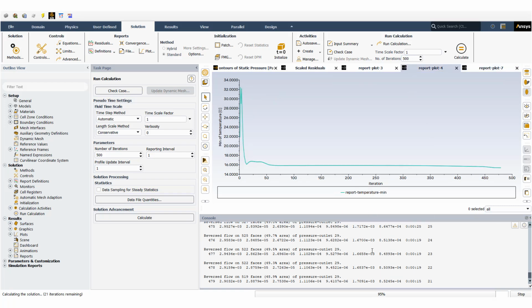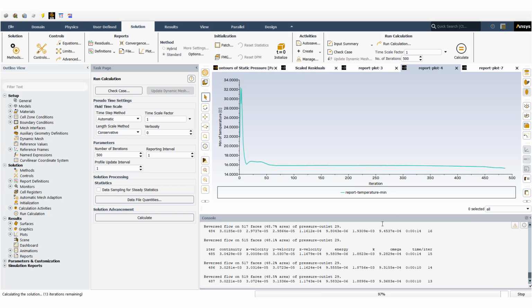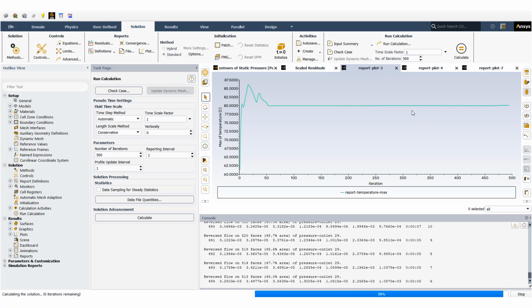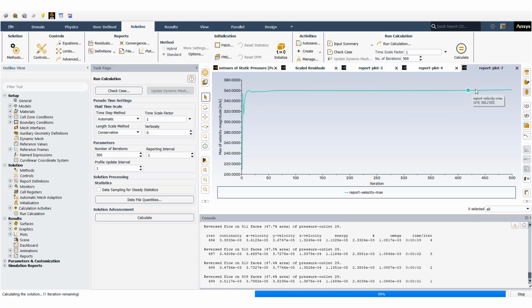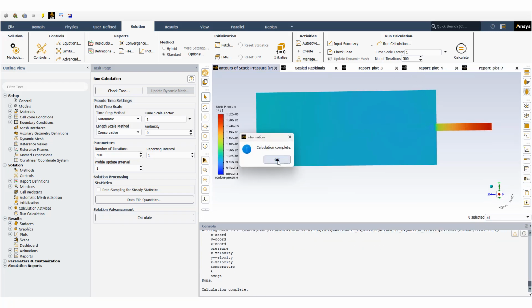We are almost done with the solution, 95-96%. As you can see, the mean temperature, max temperature, and max velocity are almost constant. So the solution is completed.